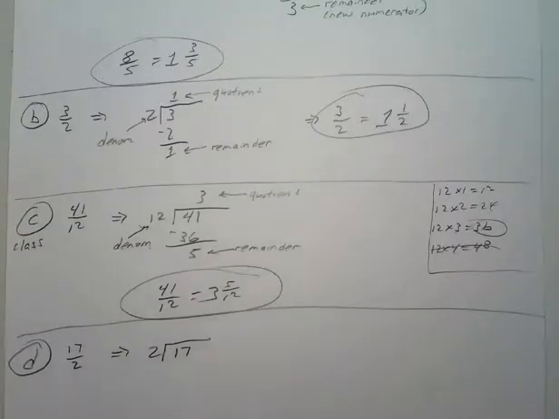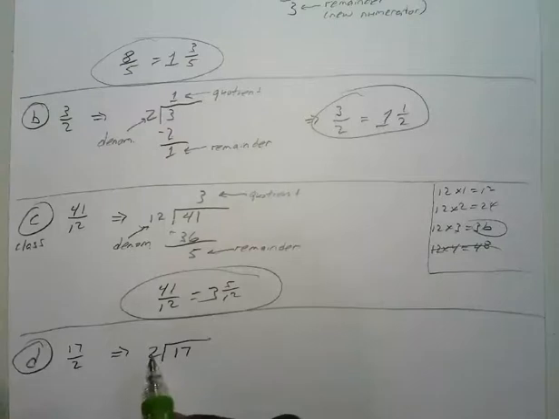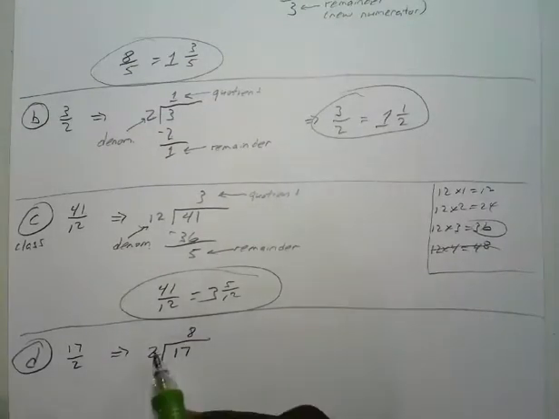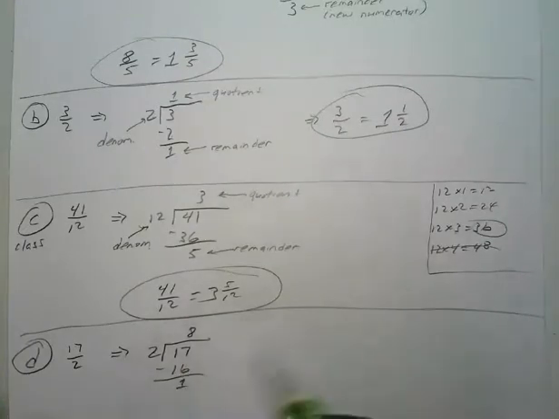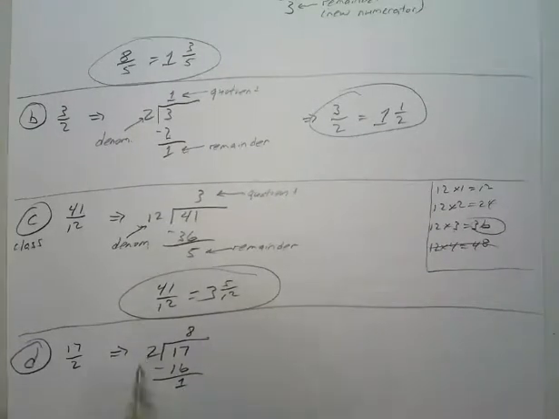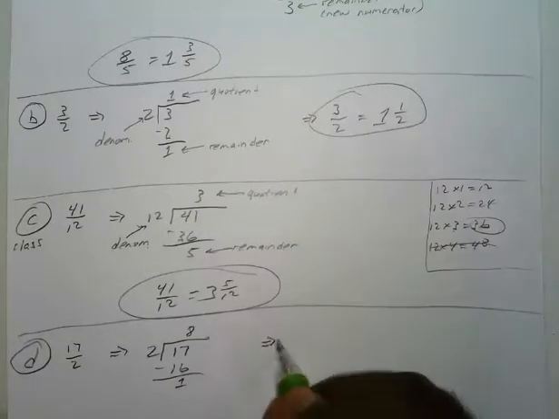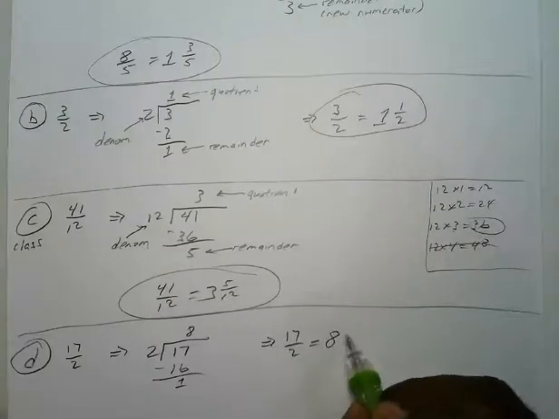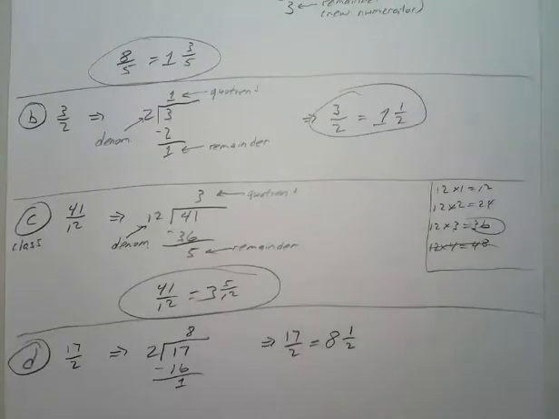All right, and we go ahead and divide. 2 goes into 17 8 times. 2 times 8 is 16. 17 minus 16 is just 1. So you have your quotient, your remainder, and your denominator. So this lets us know that 17 over 2 is equal to 8 and 1/2.